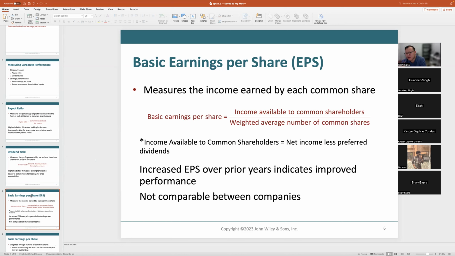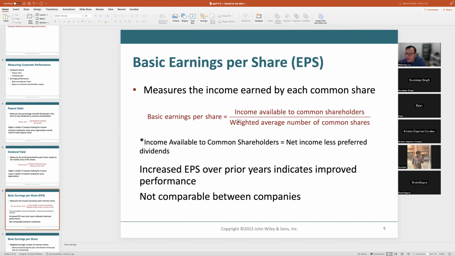this one is very useful information. It tells you for each share of ownership how much earnings they are entitled to. So basically, this measures the income earned by each common share.